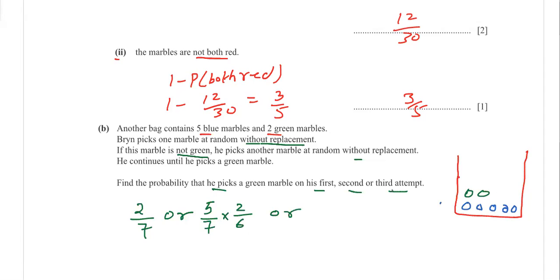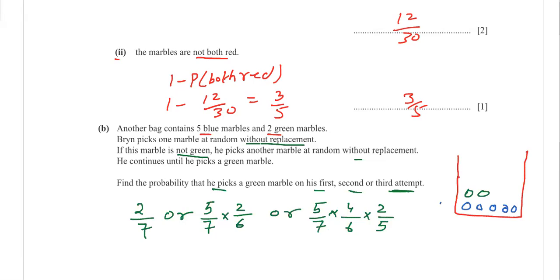For the third attempt, maybe in the first attempt he doesn't get it, so 5 over 7 blue, and also in the second he gets a blue, and this is without replacement, so it will be 4 over 6, and then finally in the third attempt he gets green, so 2 over 5.